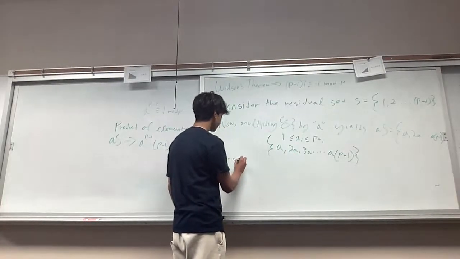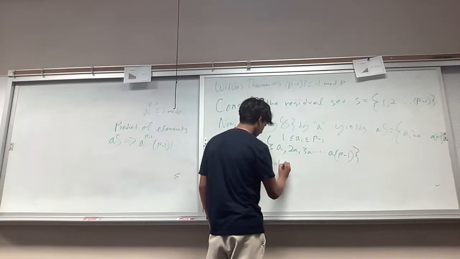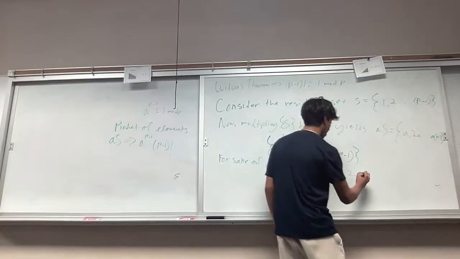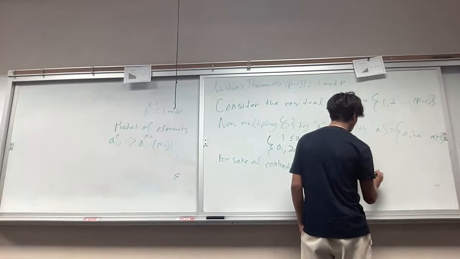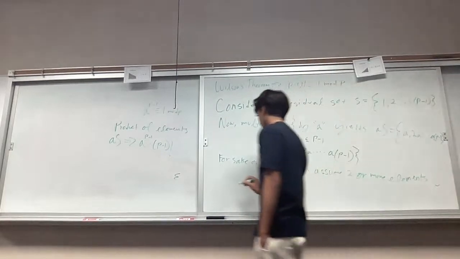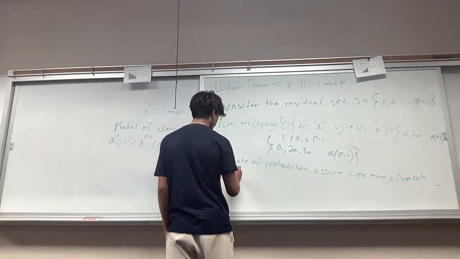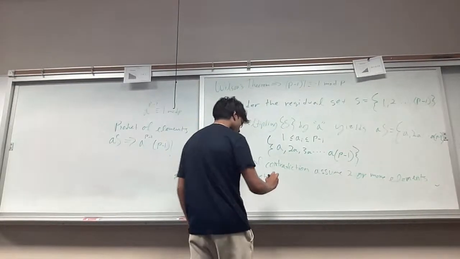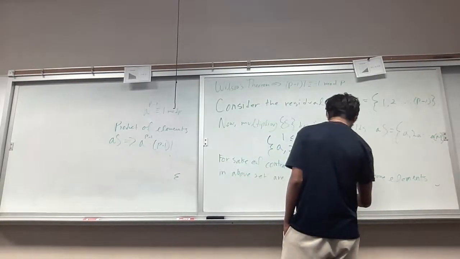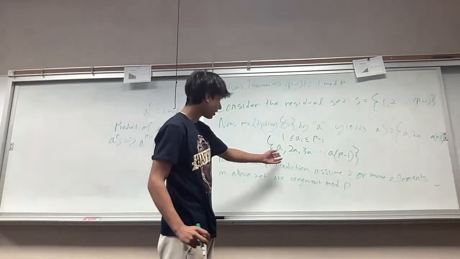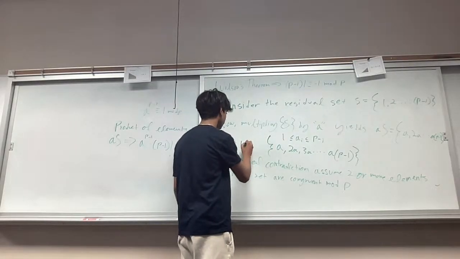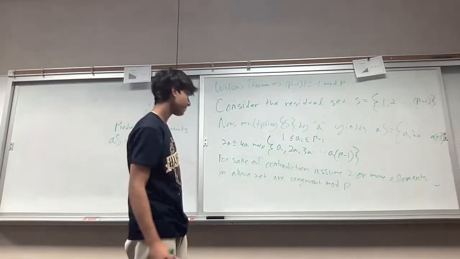So for the sake of contradiction, assume two or more elements in the set AS, so in the above set, are congruent mod P. So that means, like, let's say 2A is congruent to 4A mod P, something like that.